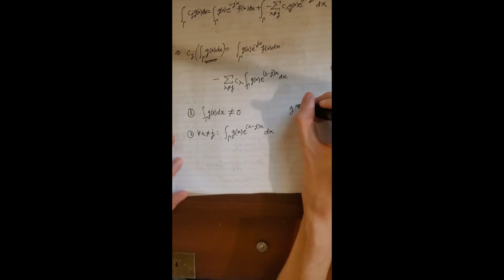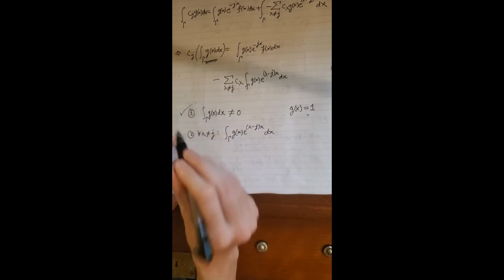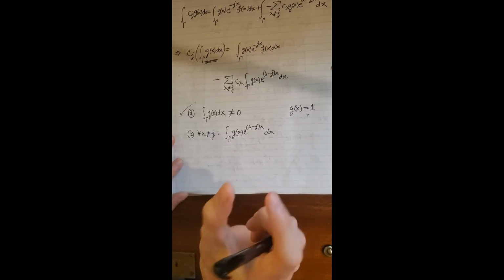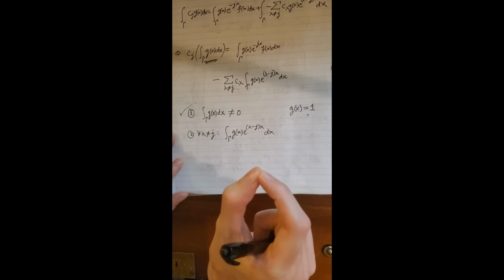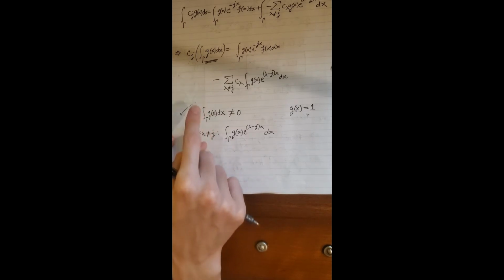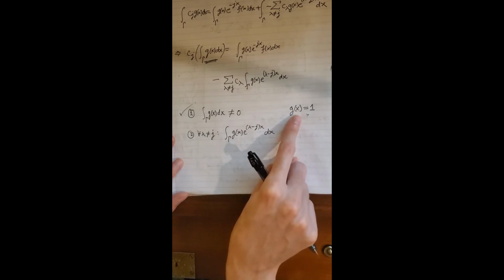So let's take g of x to be the constant function equal to 1 everywhere. So 1 is automatically satisfied as long as the contour is non-trivial. If the contour is just between a point and itself, then it's going to be 0. So we want a contour between 2 points, let's say a and b, where a and b are different. And we're going to take g of x equals 1.